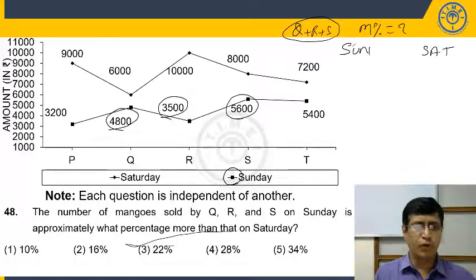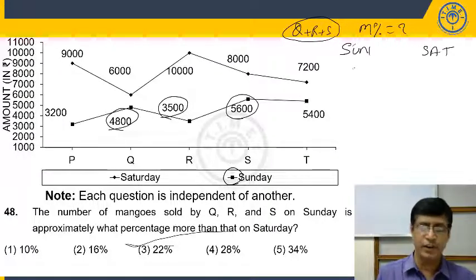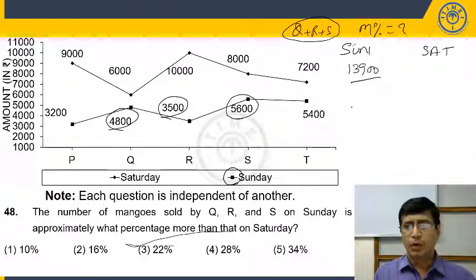Adding 4,000 plus 3,000, 7 plus 5, it is 12, 12 plus 11. Yes, 12,000 plus 1,000, 13,100 plus 800, 13,900. So the sum of these values is 13,900. Okay, what is the cost per mango on Sunday?